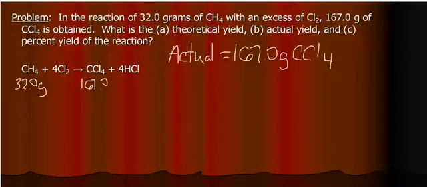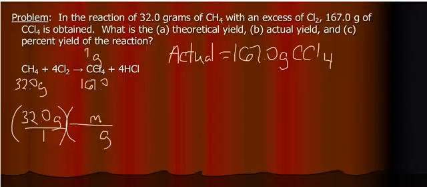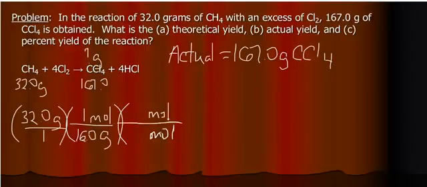I need to determine the theoretical yield of CCl4. And I'm going to do that starting with 32 grams of my reactant because I have excess Cl2. So I'm going to start with 32 grams, convert grams back to moles. So I need the molar mass of CH4, which is 16. Do your mole-to-mole ratio. I want to convert to CCl4 from CH4.